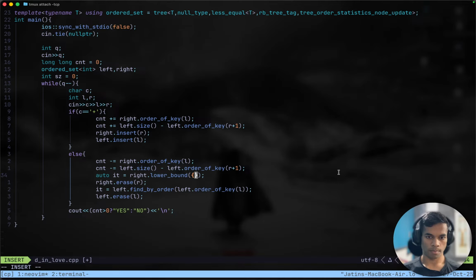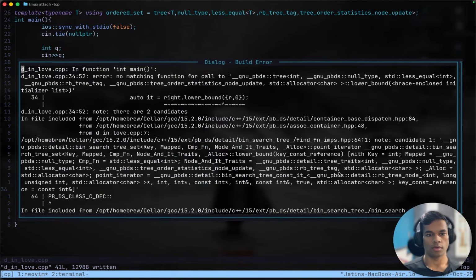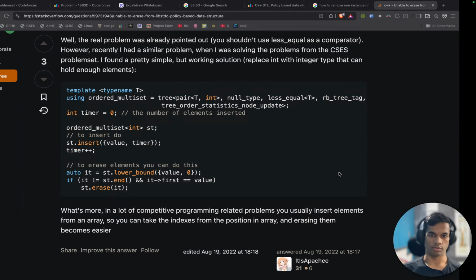Lower bound on r comma 0 and erase l comma 0, and this has to be lower bound. And okay, everything is messed up now.